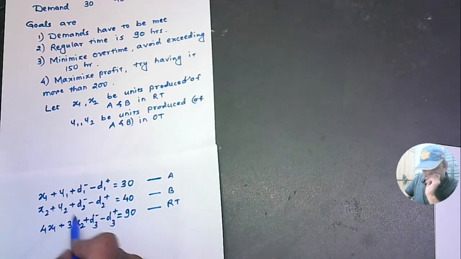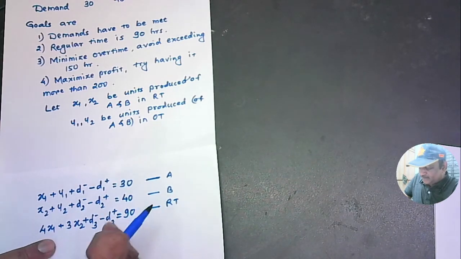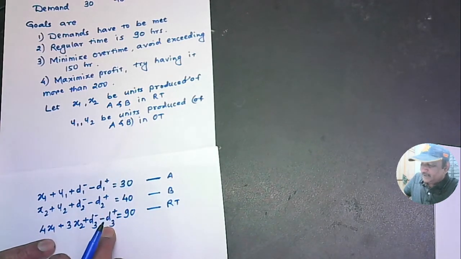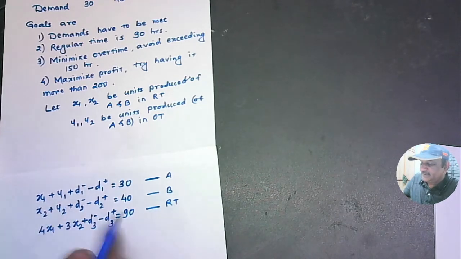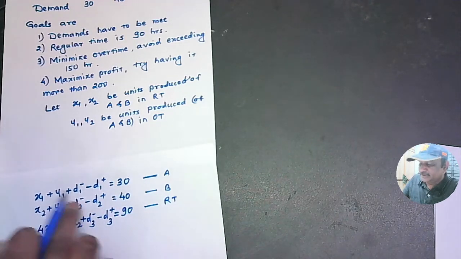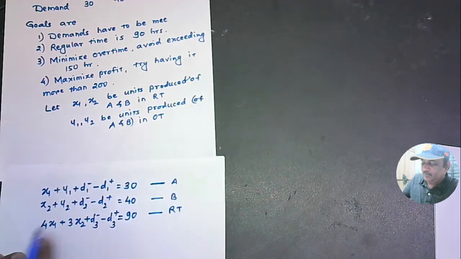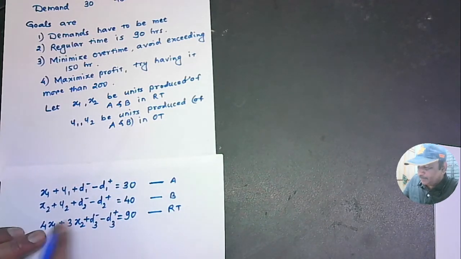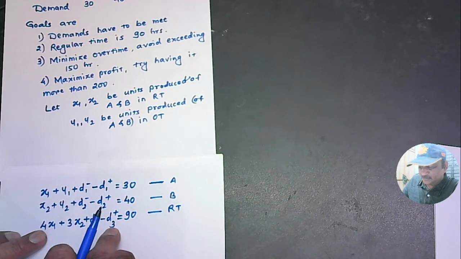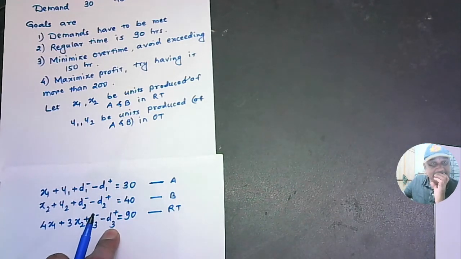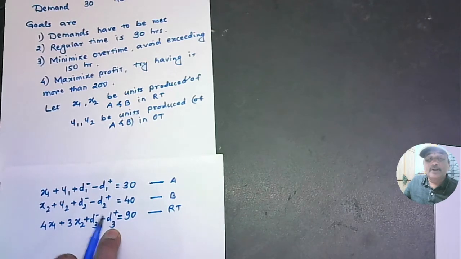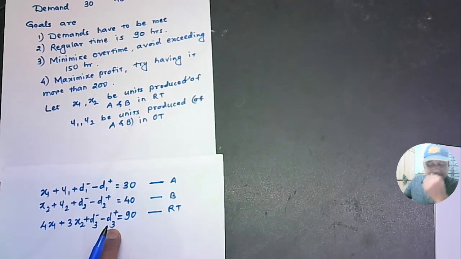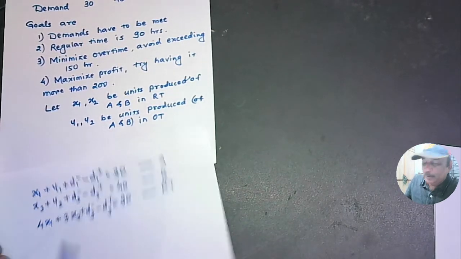But if, sorry, if 4x1 plus 3x2 happens to be 120, then for balancing the equation, this has to be 30. And that 30 is nothing but the overtime. Okay, so d3 plus is nothing but the overtime.